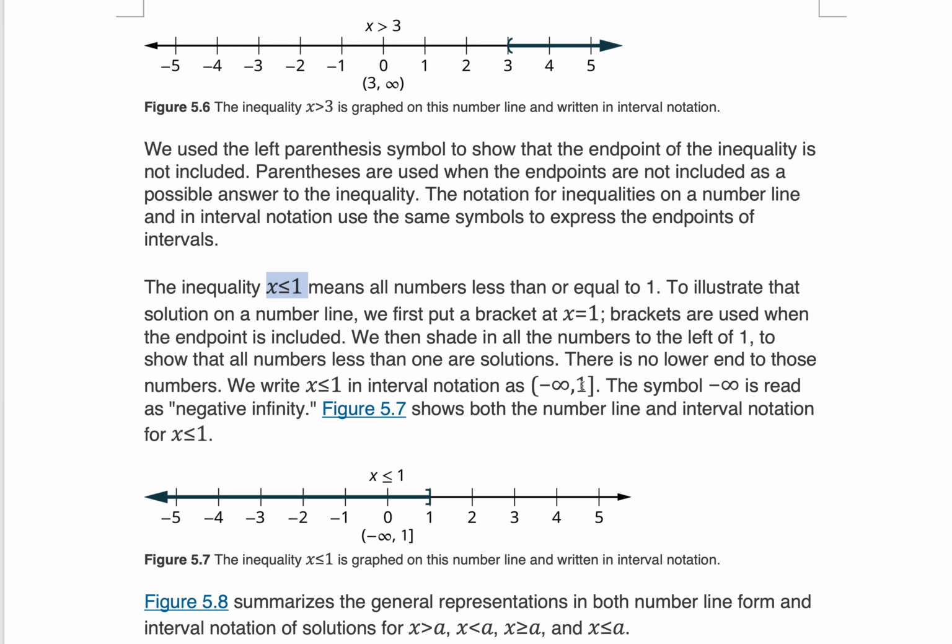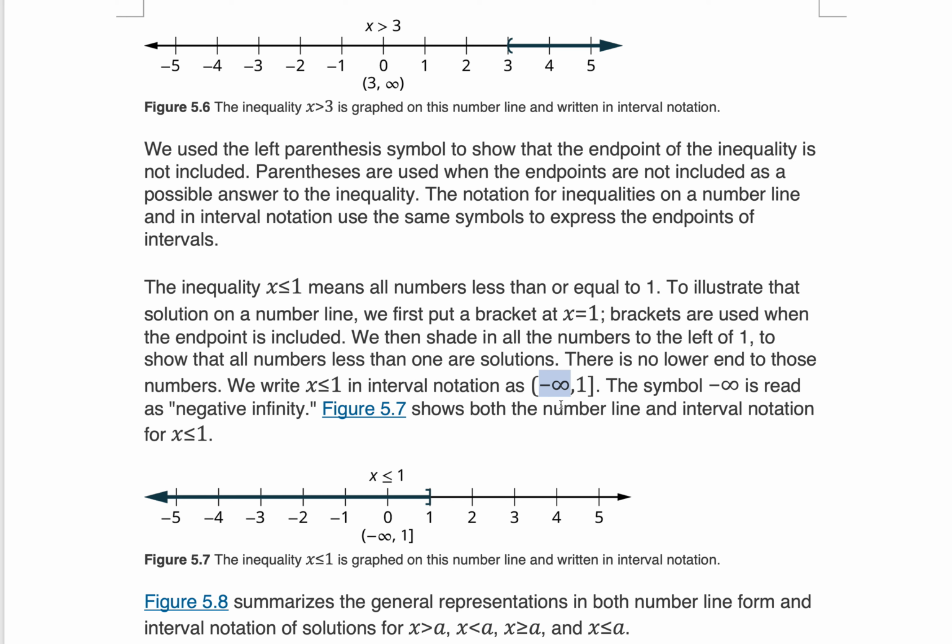With the square bracket, we want to say the number itself is included. We are talking about all the numbers less than 1. It could be 0, could be -1, -100, could go all the way to negative infinity.